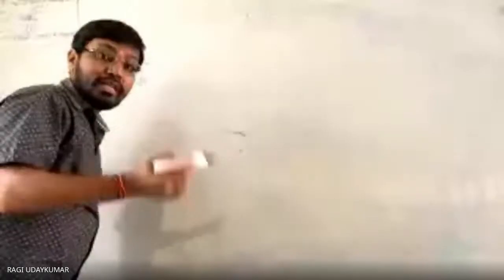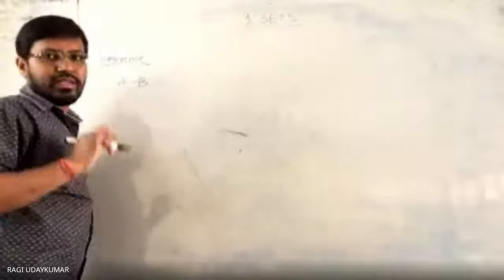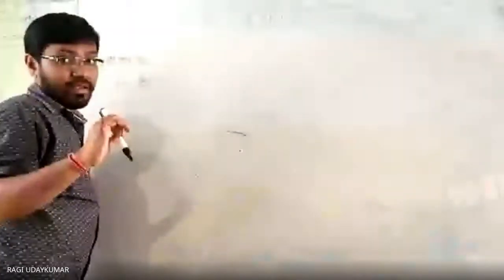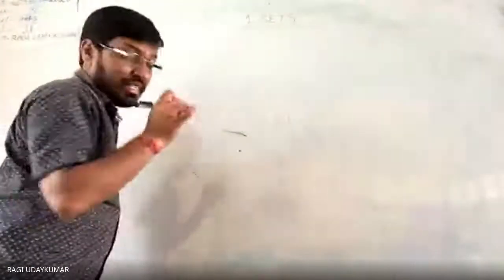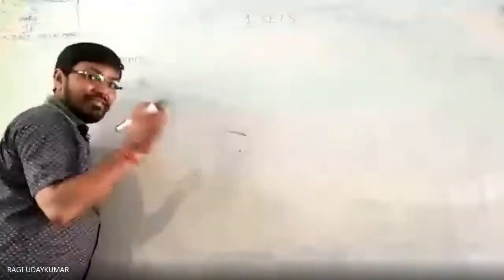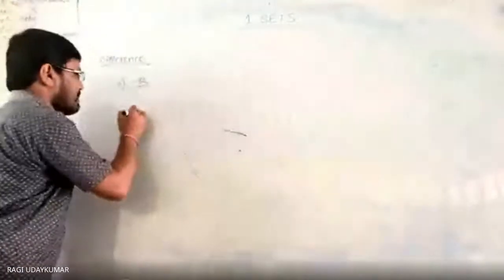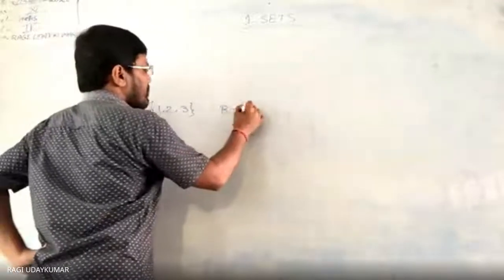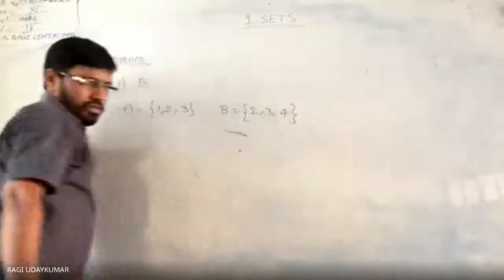So the elements which are present in A but not in B. A minus B is nothing but all the elements which are present in A which are not in B. So this set is going to have the elements of A only, not B. As an example, let us take A equals 1, 2, 3, B equals 2, 3, 4.